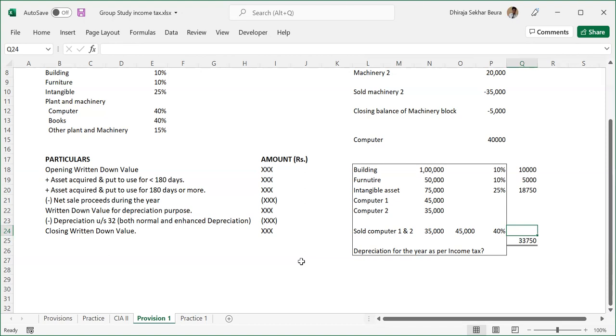Now let's talk about the consequence of this. Now, what is happening here? You had a cost of 45,000 plus 35,000, that is 80,000. You sold only for 35,000. You incurred a loss, isn't it? Yeah. Correct. For losses, no tax. Also, you can claim the benefit of it. Correct. If you have incurred a loss, it should decrease your profit somehow, isn't it? But profit on sale of an asset goes to which head?